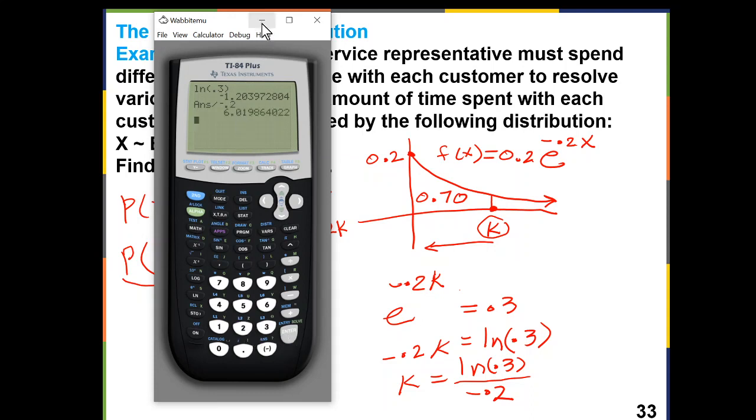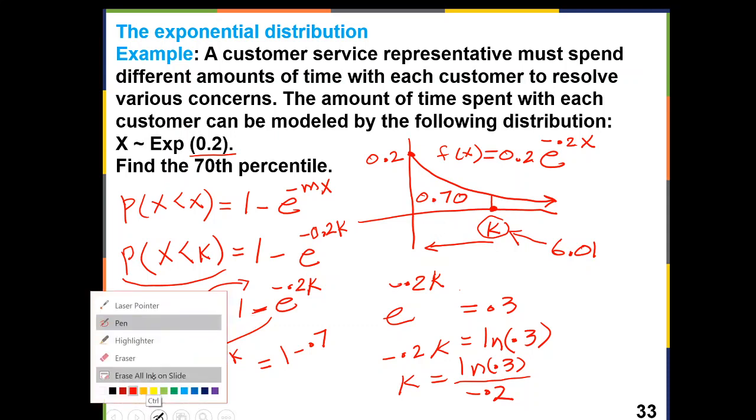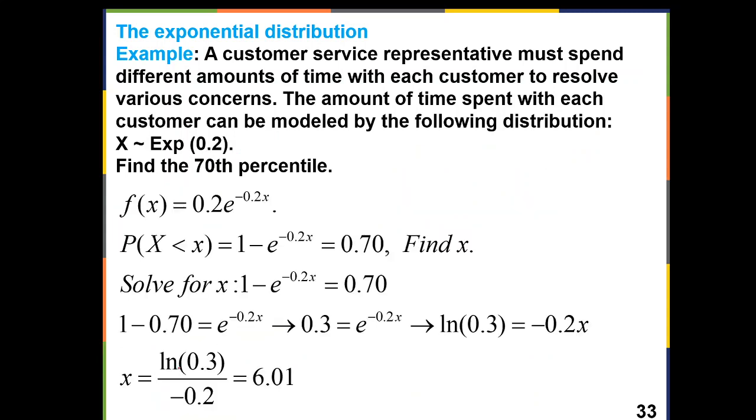So 6.01. So this number right here has to be 6.01 something, right? That's what that is. So that means 70% of the numbers here are less than what? 6.01. All right, so let me show you the answer, which is that right there.